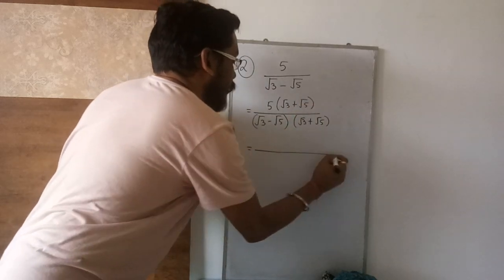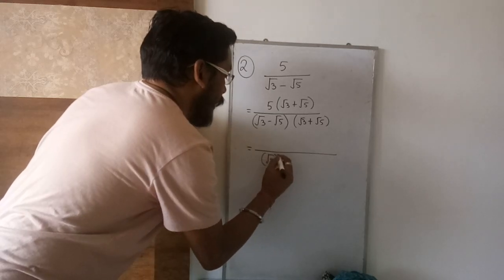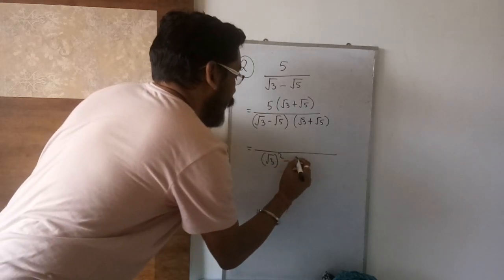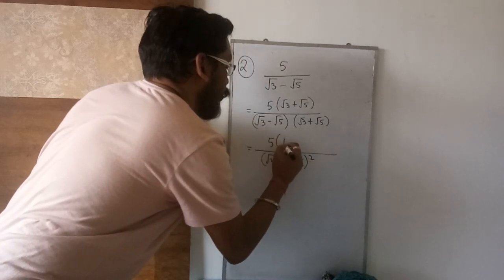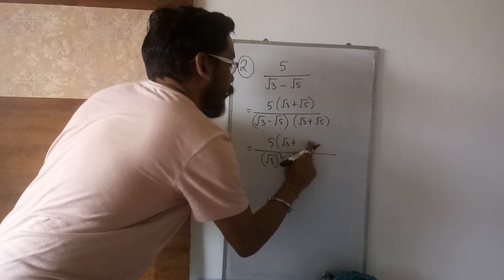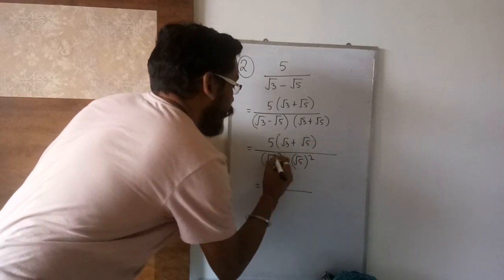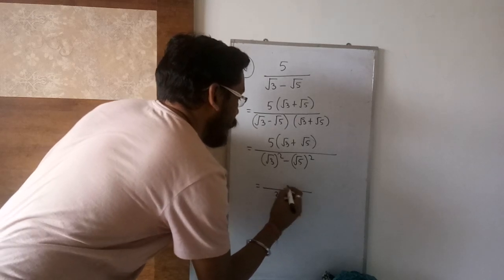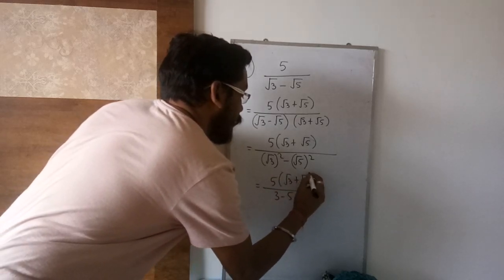In the denominator, (a minus b)(a plus b) is a square minus b square, and here you keep it as it is, you don't have to do any simplification. So root 3 squared cancels, it is 3, minus 5. In the bracket you put root 3 plus root 5.